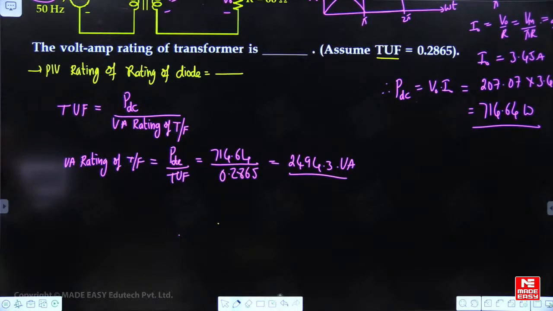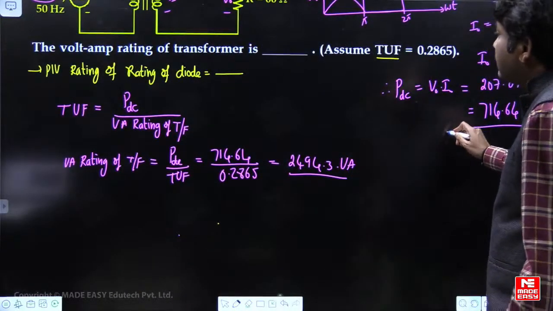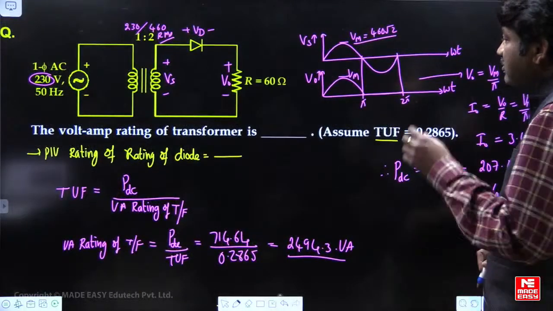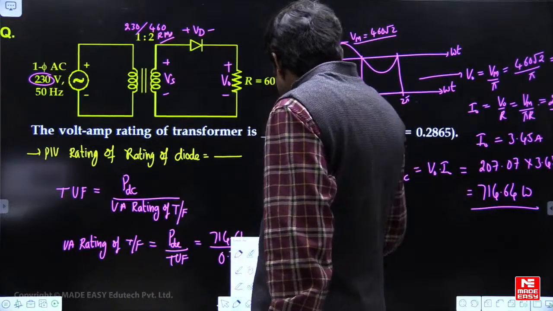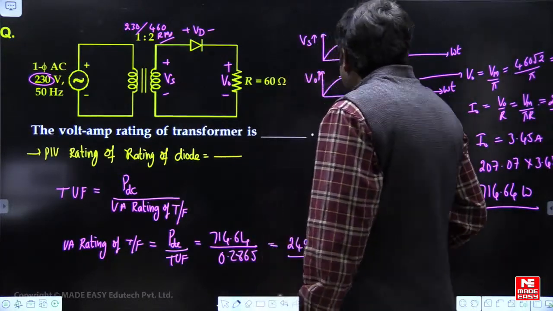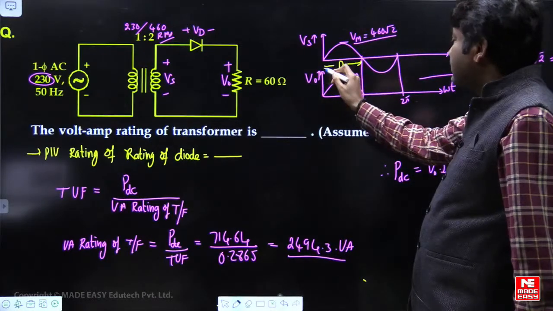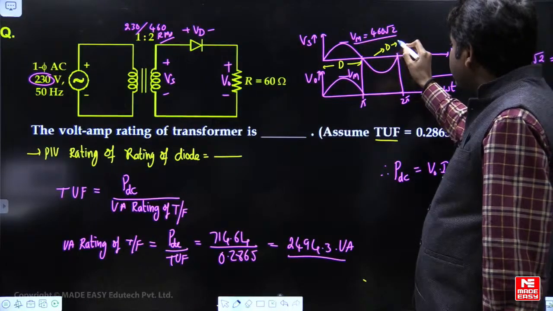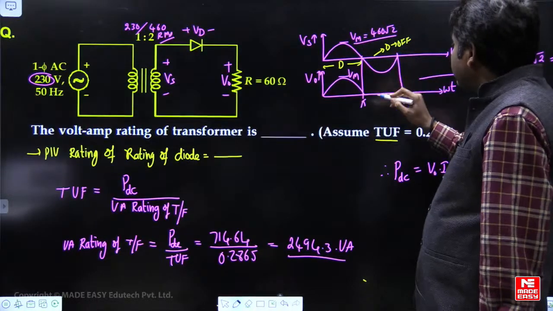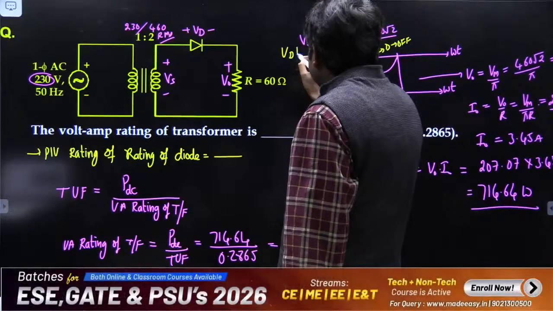Now what is the PIV rating of the diode? To find the PIV rating of the diode, find the voltage across the diode. See here, the diode is conducting in the positive cycle, and in the negative cycle the diode is in the off state. Let us draw the waveform for the voltage across the diode.